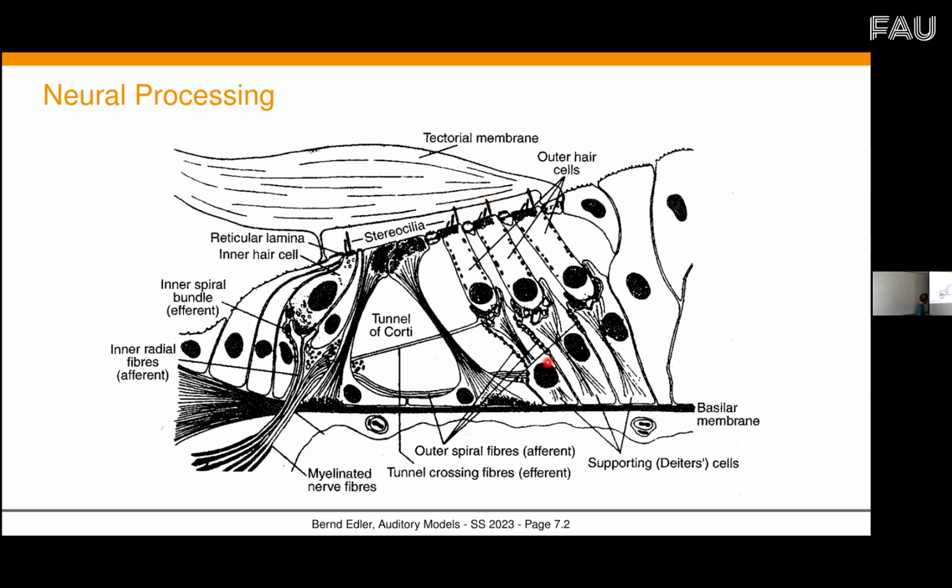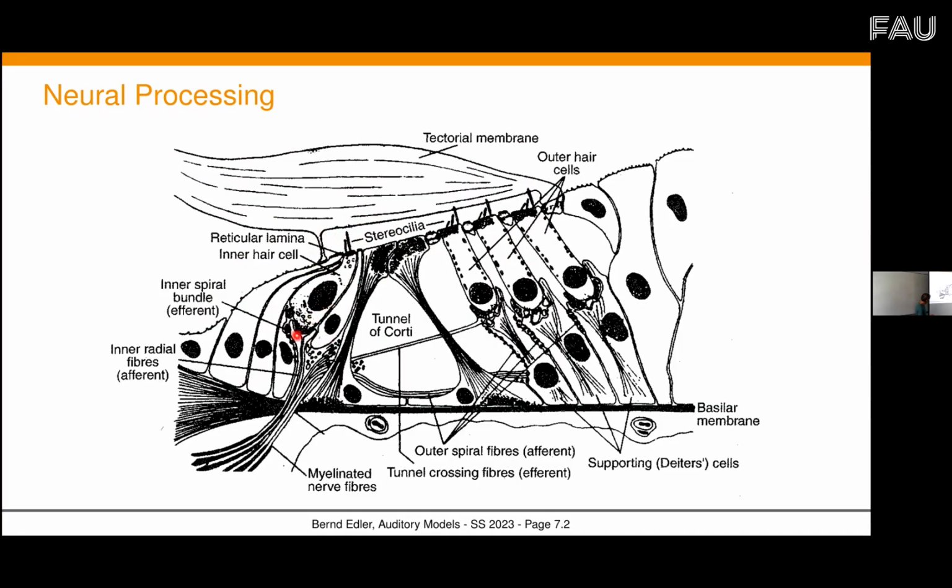We see the outer hair cells with their stereocilia, and here, of course, they would be in a row going into the depth direction. And here we have one inner hair cell, and there would normally be one row of inner hair cells here. And there we see the stereocilia.